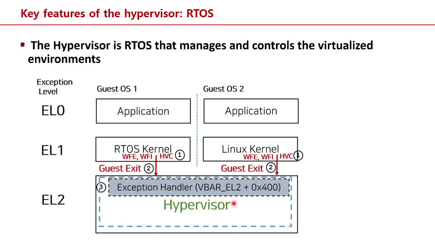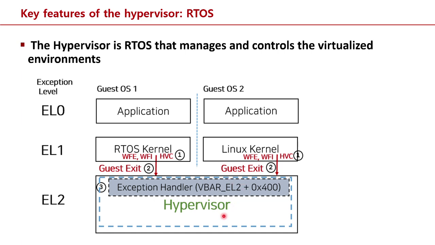What I mean is, if an interrupt is triggered, then the hypervisor may take that interrupt, and that kind of action can be performed at the level of the real-time operating system. The real-time operating system does a similar task to what the Linux kernel does.